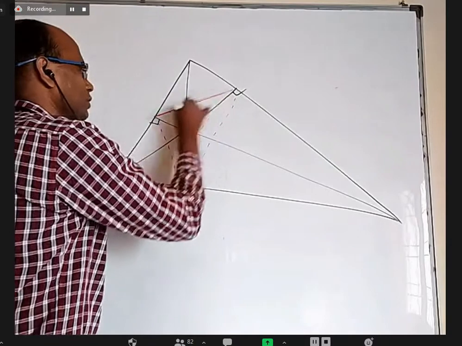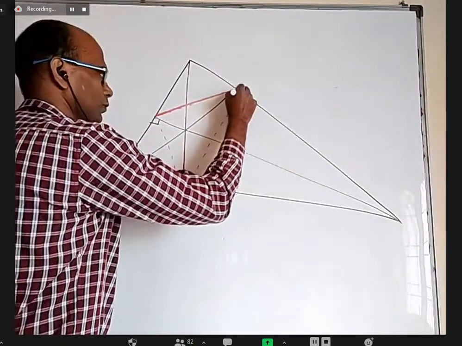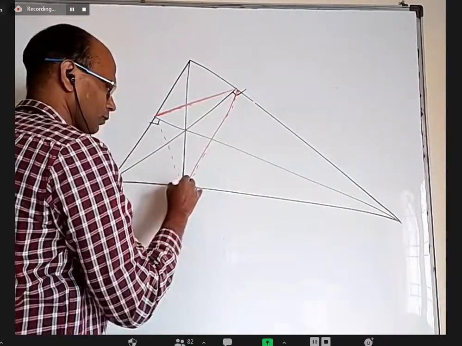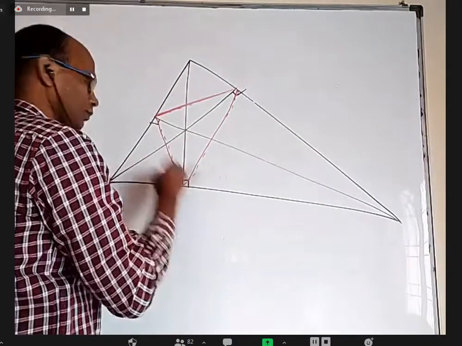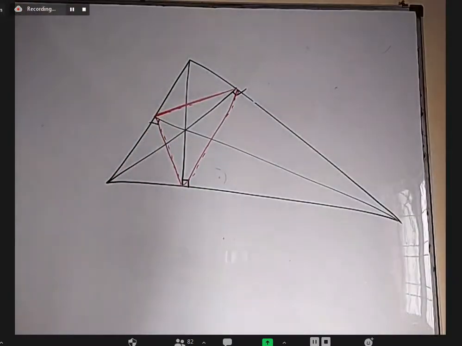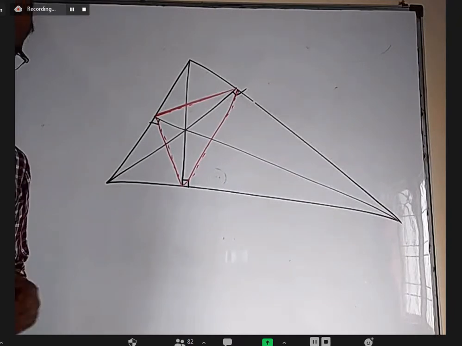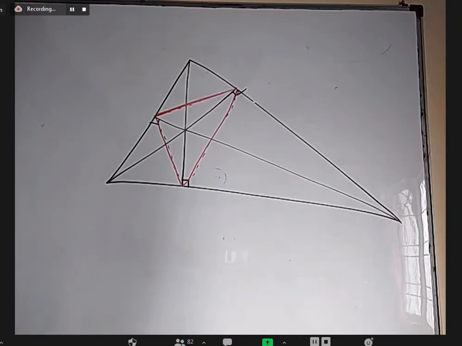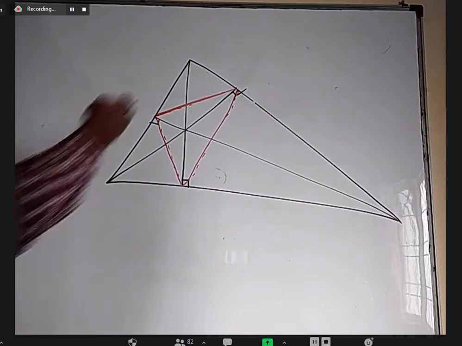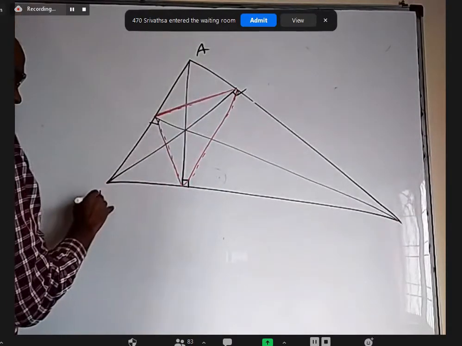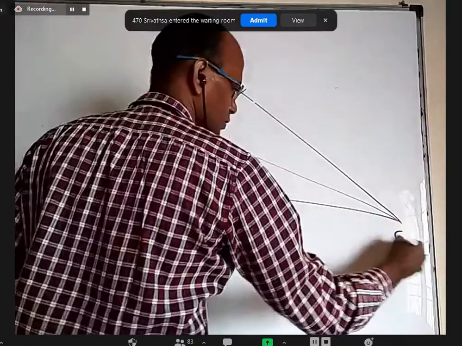Okay, this is called the pedal triangle here. This is A, this is B, and this is C.